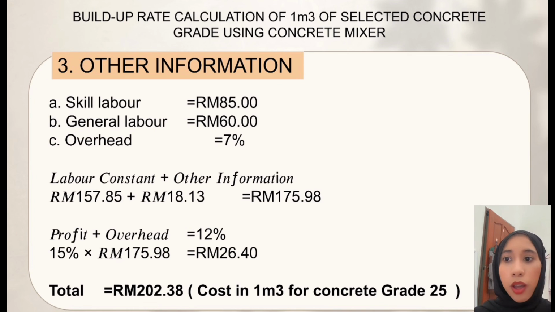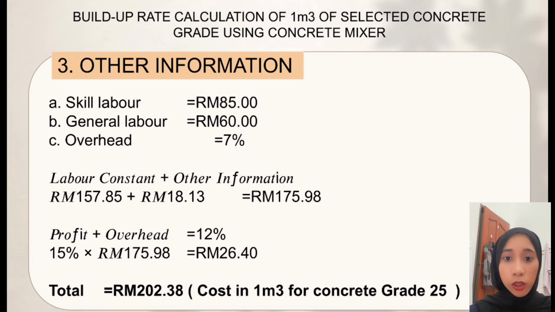So the value we calculate for other information is 18.13 ringgit. Next we sum up the labor constant plus other information and the total is 175.68 ringgit. Then we calculate the profit of 50% plus the overhead on the labor constant plus other information, 175.68 ringgit, and get 26.40 ringgit.